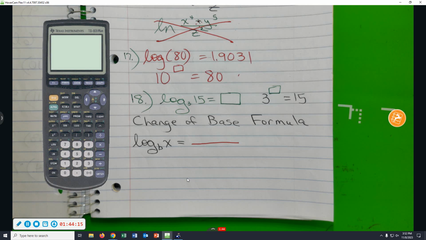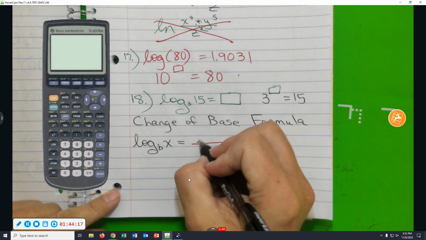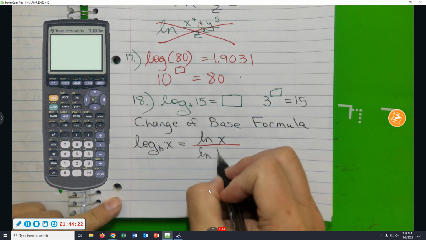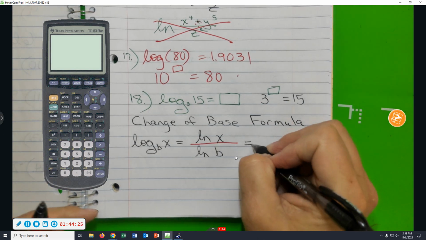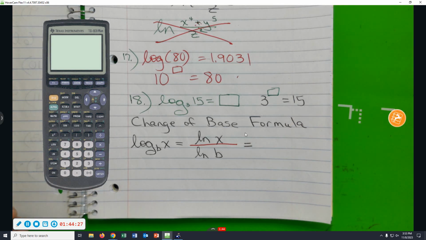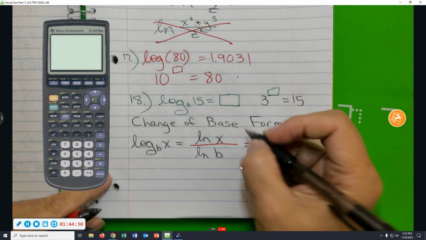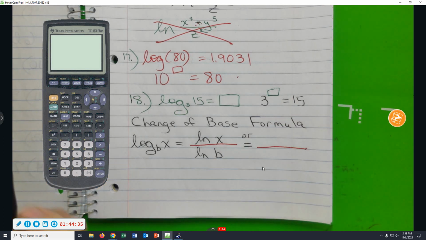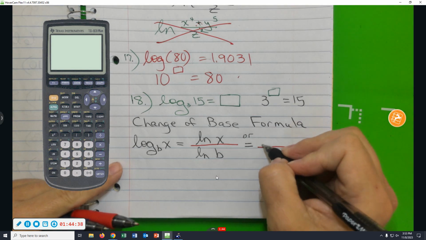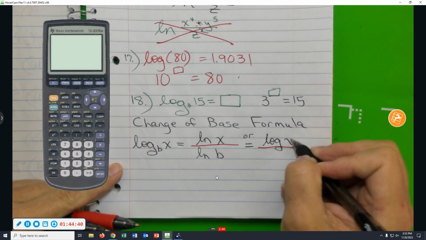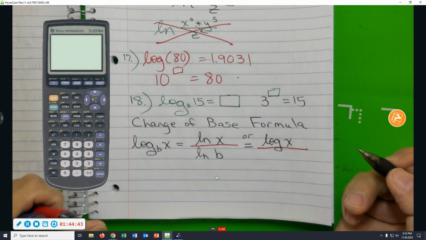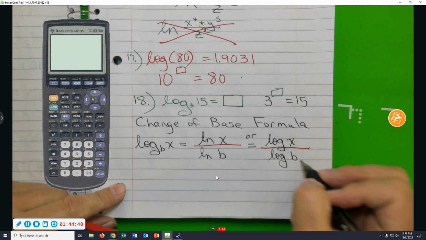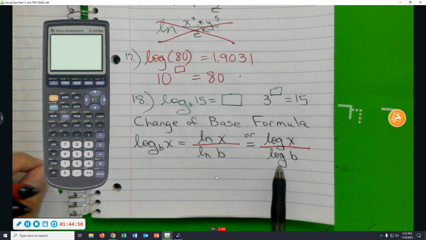If you're using ln, that's what I prefer. It's the natural log of the old argument divided by the natural log of the old base. Or you could use log, or whatever calculator key you have on your calculator. If you had some rare calculator that has a log base 2 key, you could use log base 2 above and below. But most calculators only have ln and log.